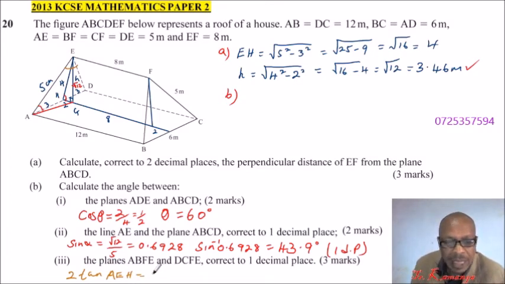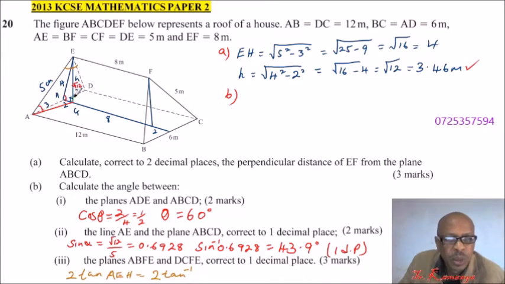So it is 2 multiplied by tan inverse of this angle, where tangent of this angle is opposite over adjacent. The opposite is 3, and the height is root 12.